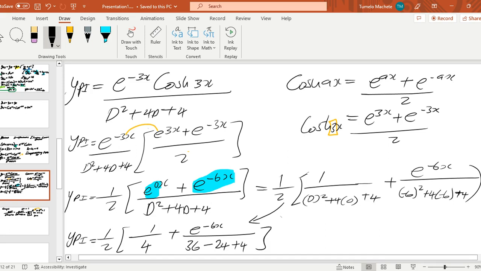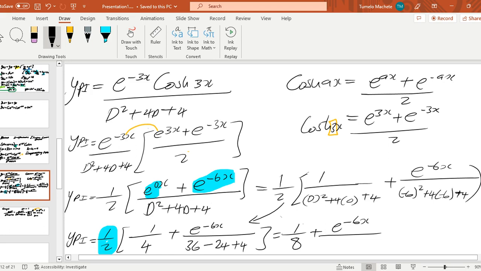Now the factor, I'll multiply everything with that. So I'll get 1 over 8 for the first one, plus e to the power minus 6x divided by, so here I'm going to add, it's minus 24 plus 4.